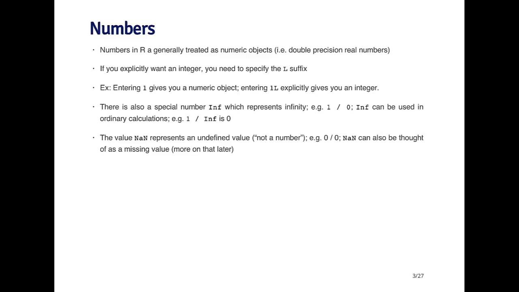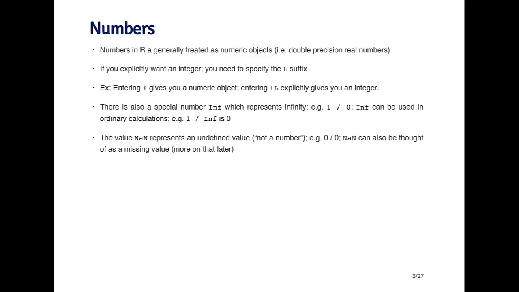There's also a special number called Inf, which stands for infinity. Inf is like a real number. It can be used in calculations, and you'll get the expected results. For example, if you take 1 divided by 0, you'll get infinity. And if you take 1 and divide it by infinity, you'll get 0. You can also have minus infinity too.